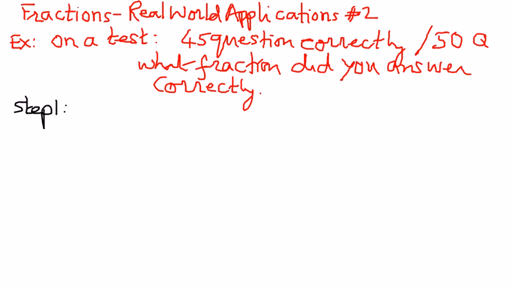Step number one. You answered 45 questions correctly out of a total of 50 questions. So we can write 45 as the numerator and the total as 50.